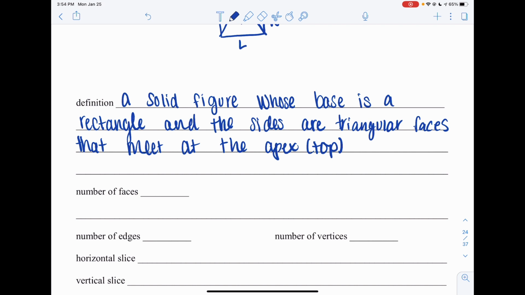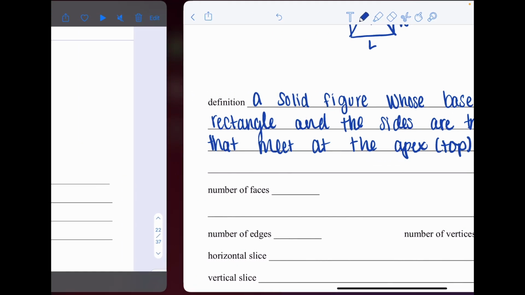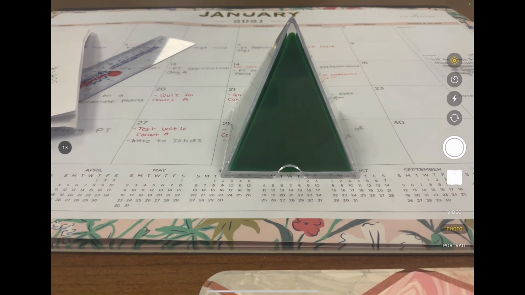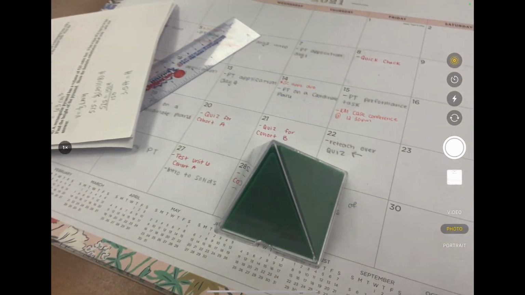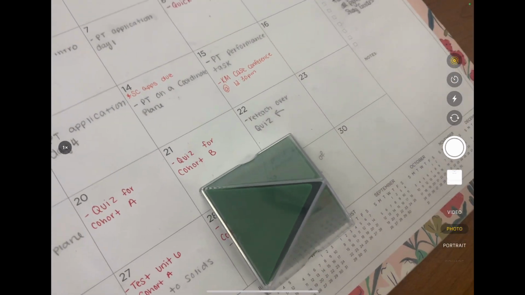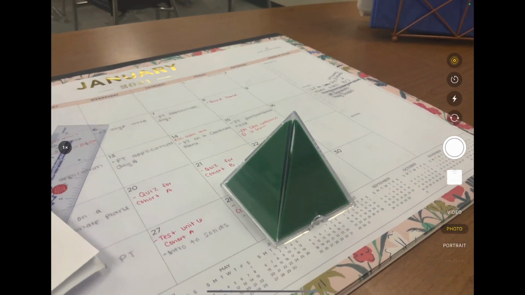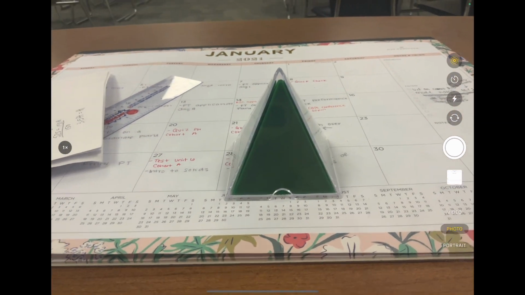But just keep in mind, instead of me having a square at the bottom, I'm going to have a rectangle. Okay, so going to my camera really quick. Here is that square pyramid again, but once again, they have the same characteristics as a rectangular pyramid.